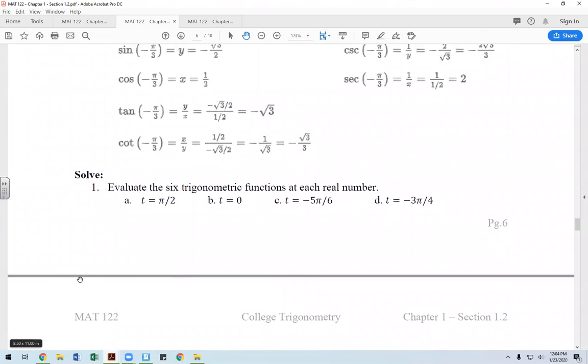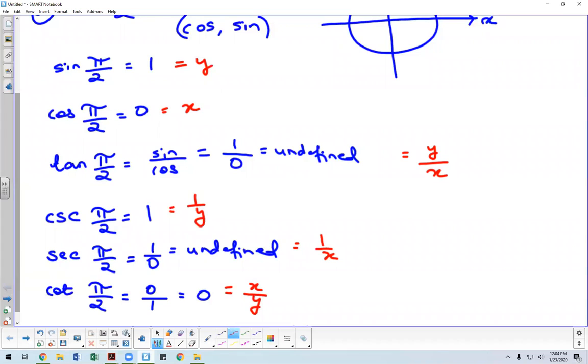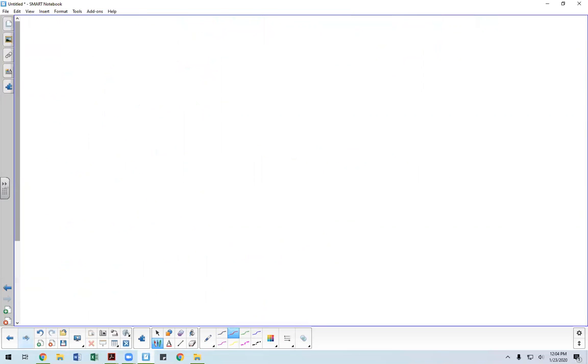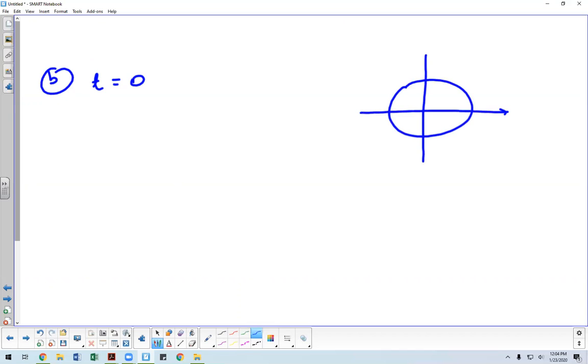Okay, t equals 0. Where is that going to be? 1 comma 0. So 0 means you're right at that initial side, right?